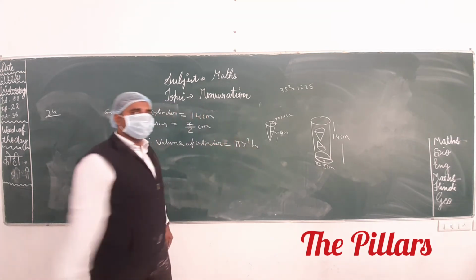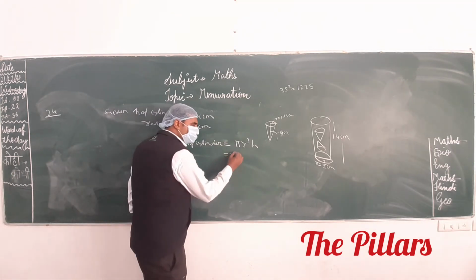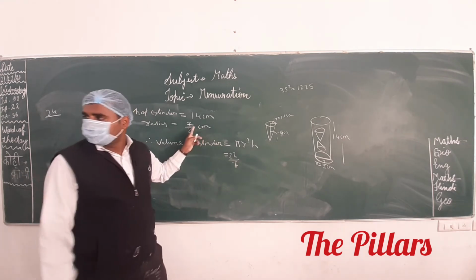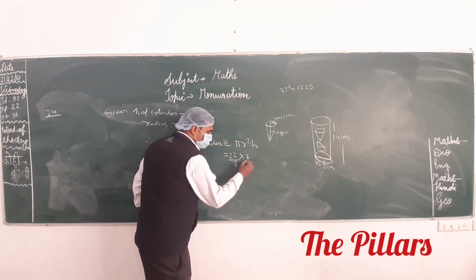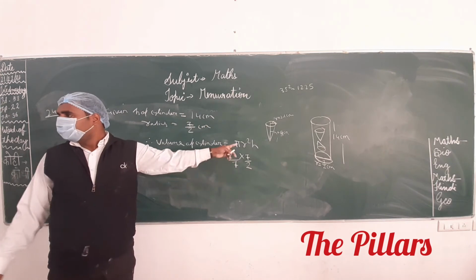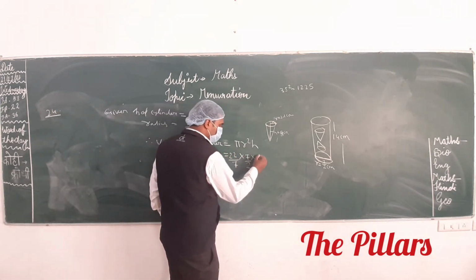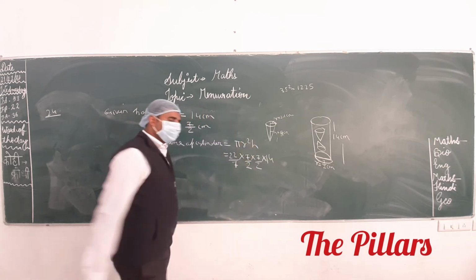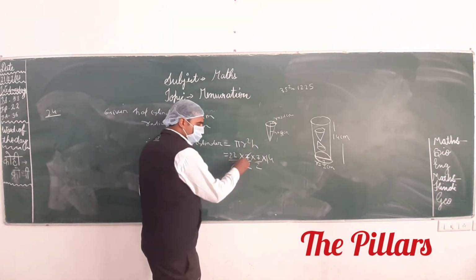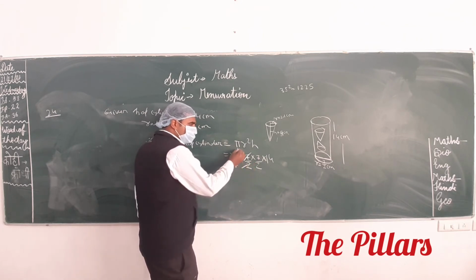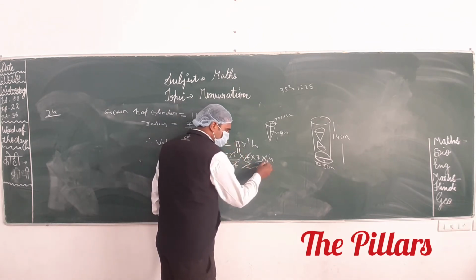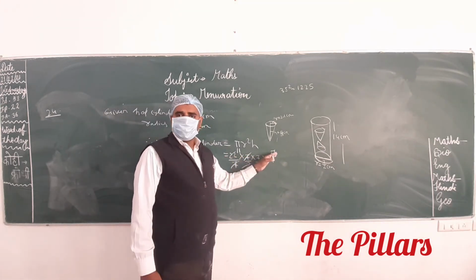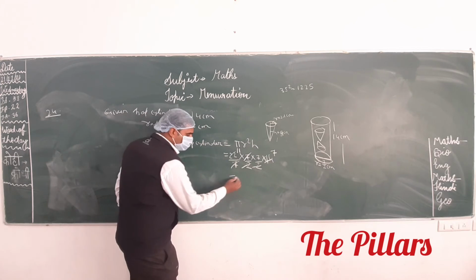The value of pi is 22 by 7, the value of r is 7 by 2 into 7 by 2, into height 14. Any problem? 7 and 7 cancel out. 2 elevens are 22, 2 sevens are 14. The remaining value is 7 sevens are 49, 49 into 11.